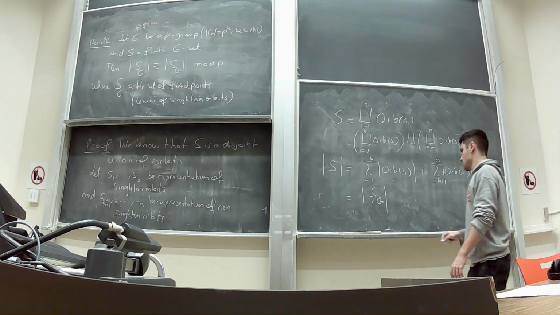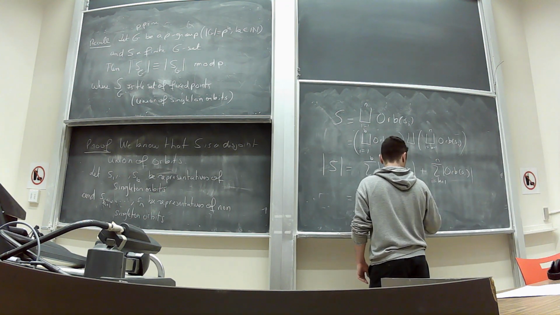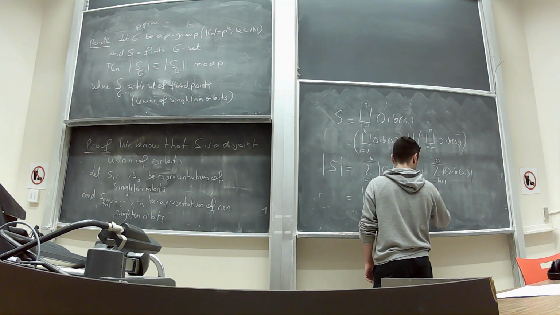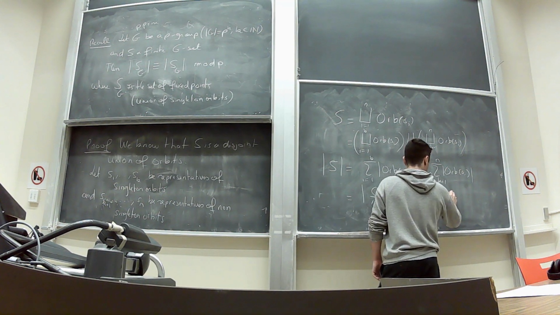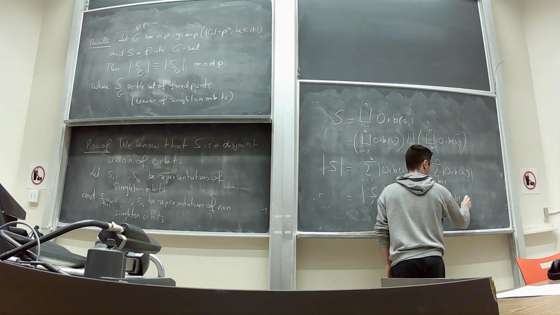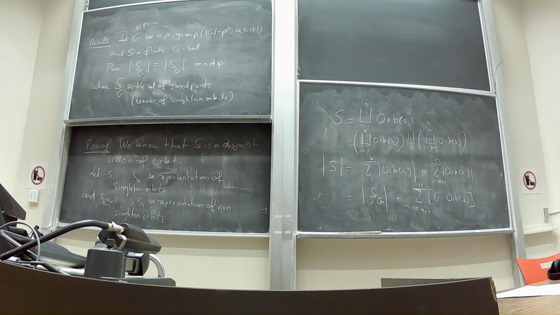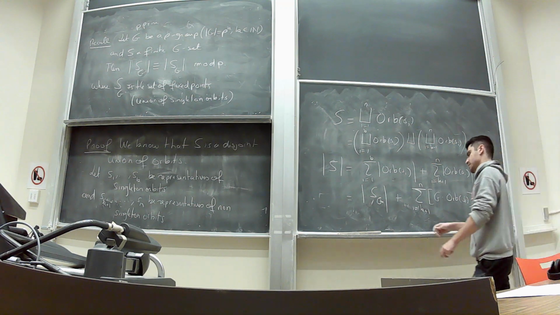Plus the sum over i equal k plus 1 to n of the size of orb S_i. Okay? Not orb S_i, [G : stab S_i]. What am I saying?